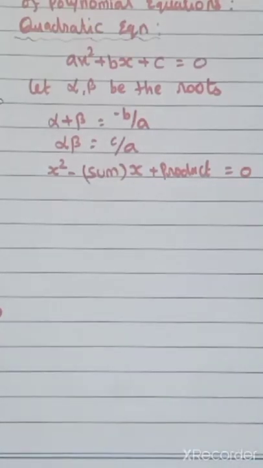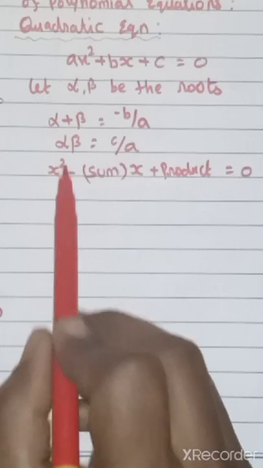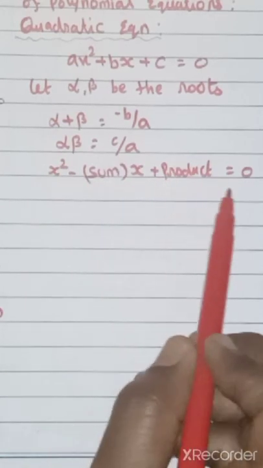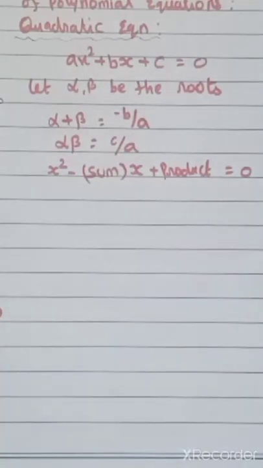This is the way we can find a new polynomial equation. So what is the form? x square minus sum into x plus product of the roots, which is equal to 0. Is that clear?